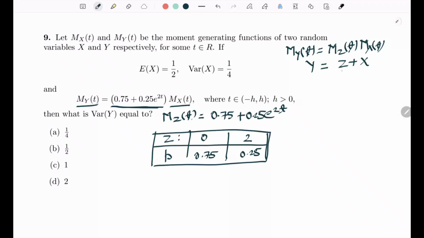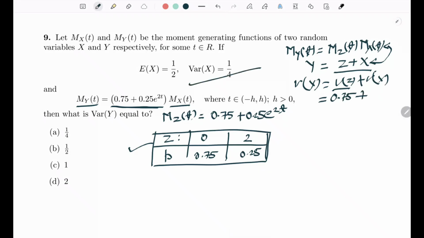Because the MGF of their sum is equal to the product of their individual MGFs. So the variance of Y will be the variance of Z plus the variance of X. Now the variance of Z can be calculated from here. That will be 0.75, and the variance of X is already given here, that is 1/4. So we will get 1.